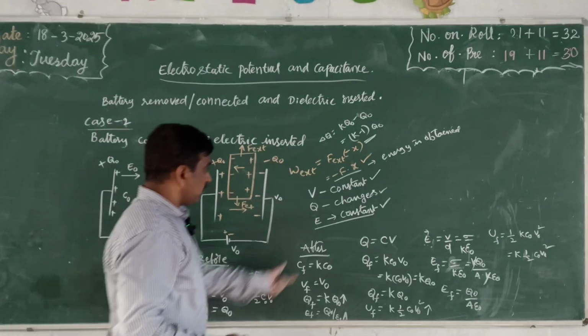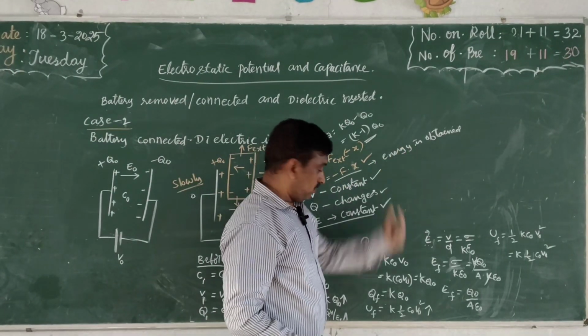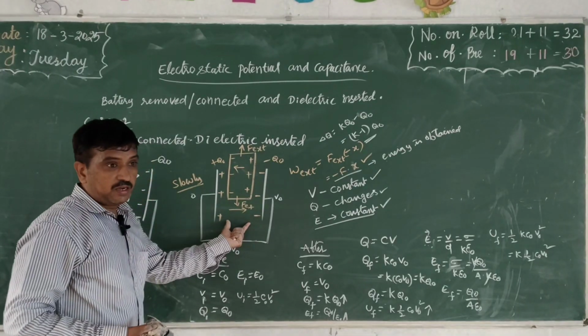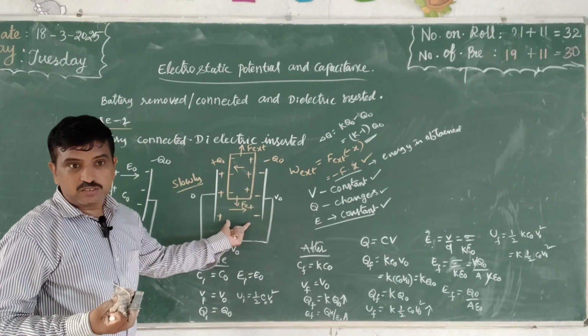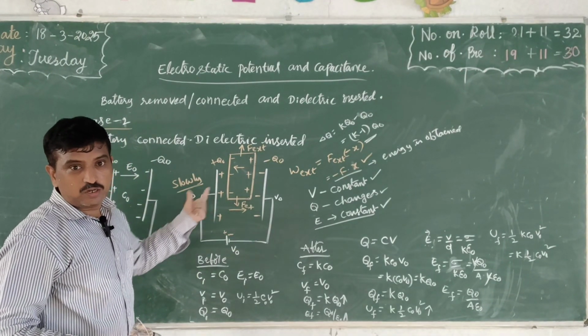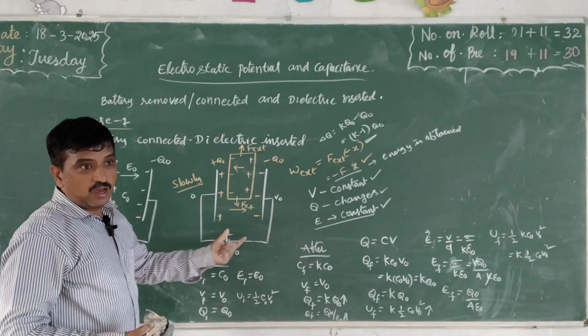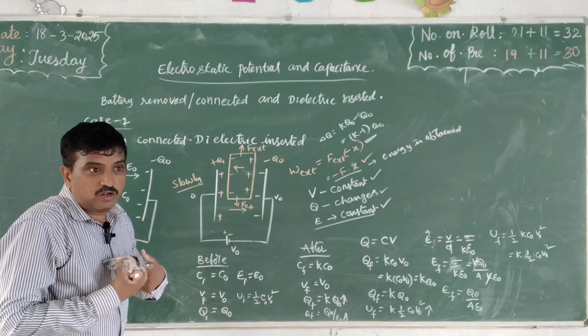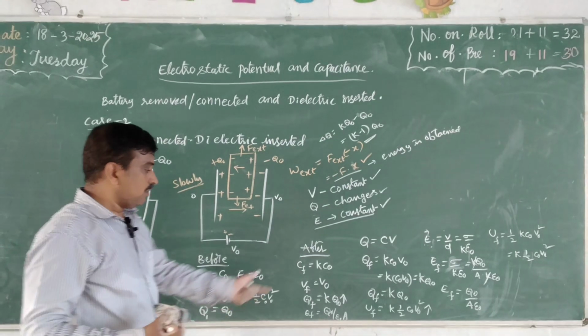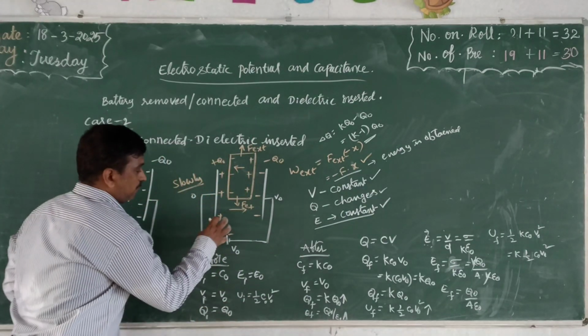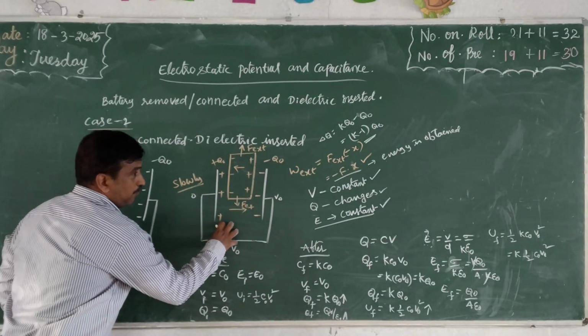But here, with battery connected and dielectric inserted, we are gaining some energy while doing external work, and potential energy also increases. Why does it happen? Because of the battery. The battery supplies energy.